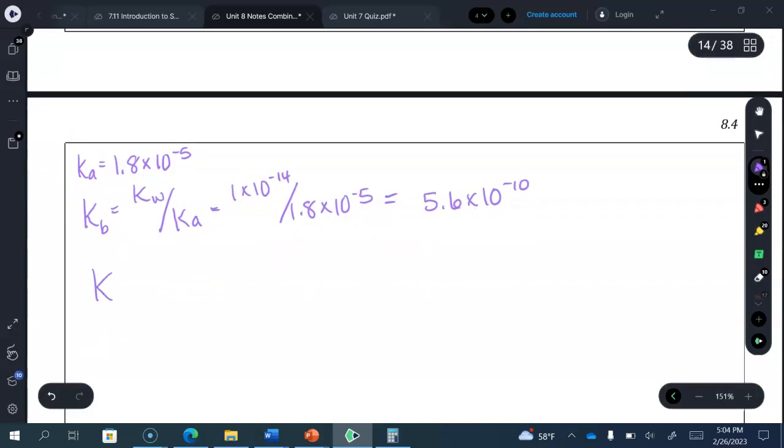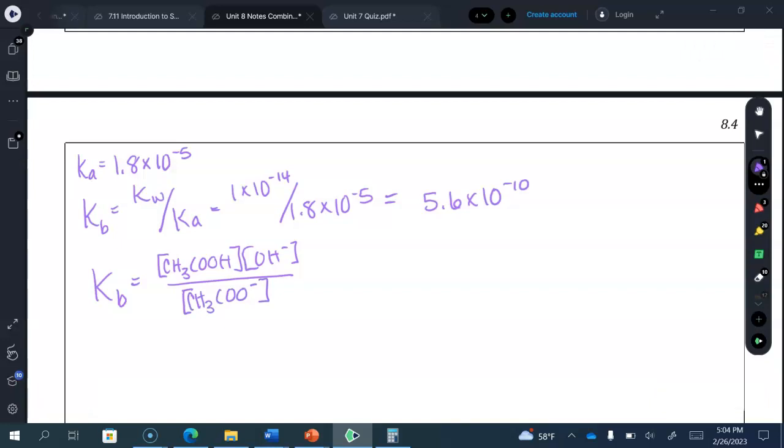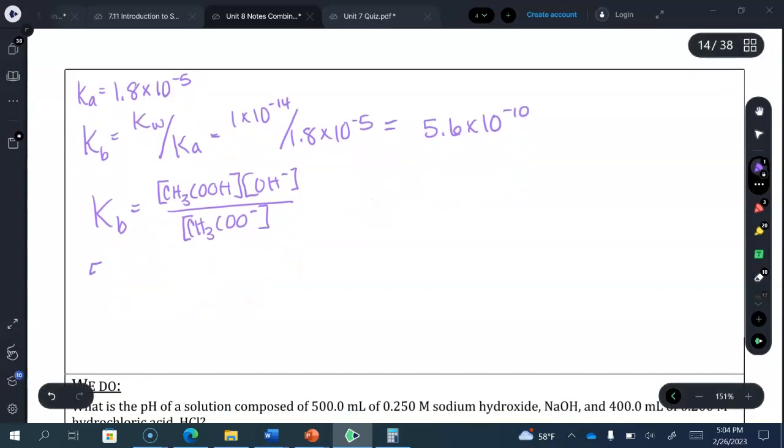So now we're ready to write our Kb expression, and using the equation above, it's going to be the CH3COOH concentration times the hydroxide ion divided by the acetate ion. And we know that has to be equal to 5.6 times 10 to the negative 10, so we're going to plug in the values we know. 5.6 times 10 to the negative 10 is equal to x times x over 0.0500 minus x.